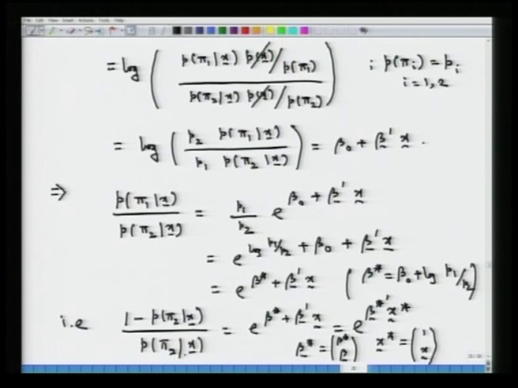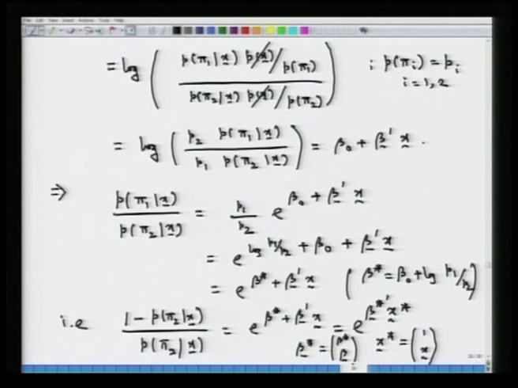Now, from this expression, one can express this ratio in terms of just P pi 2 given x. So, this is going to imply that P pi 2 given x is going to be just equal to 1 upon 1 plus e to the power beta naught star plus beta prime x.